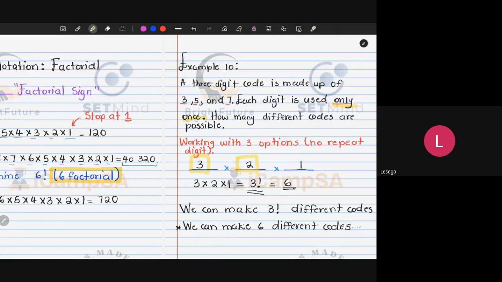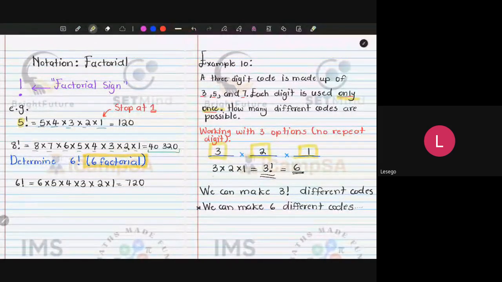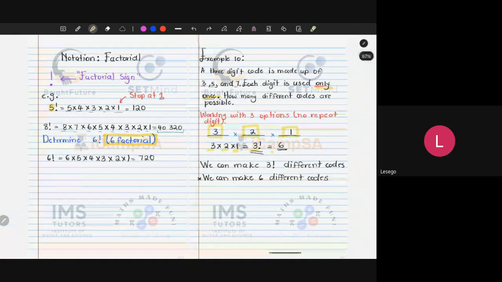The second one, we choose from 2 numbers. And the last one, thirdly, it's going to be 1 number, whatever is left. According to our counting principle theorem, we just need to multiply these possible outcomes. We get 3 times 2 times 1. That looks like 3 factorial, which is 6. So the factorial notation, you need to familiarize yourself with it.